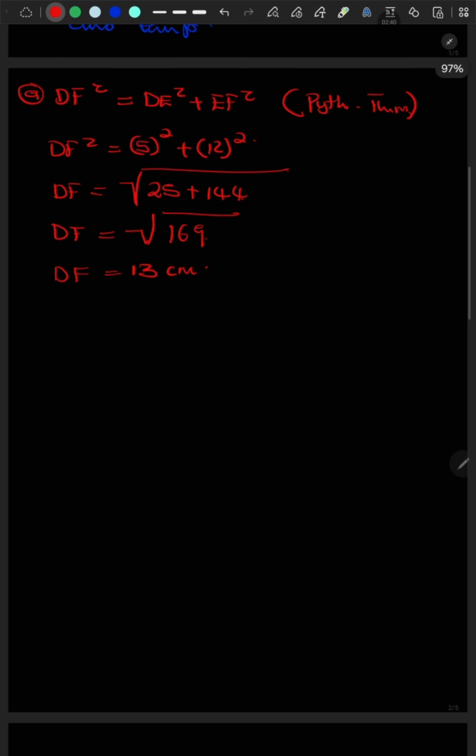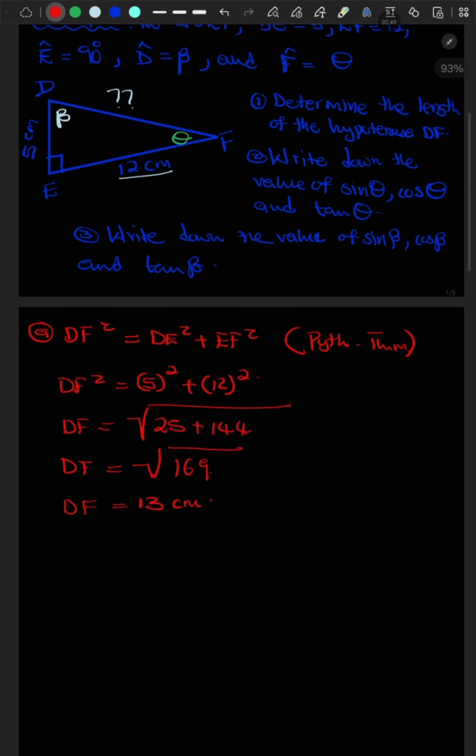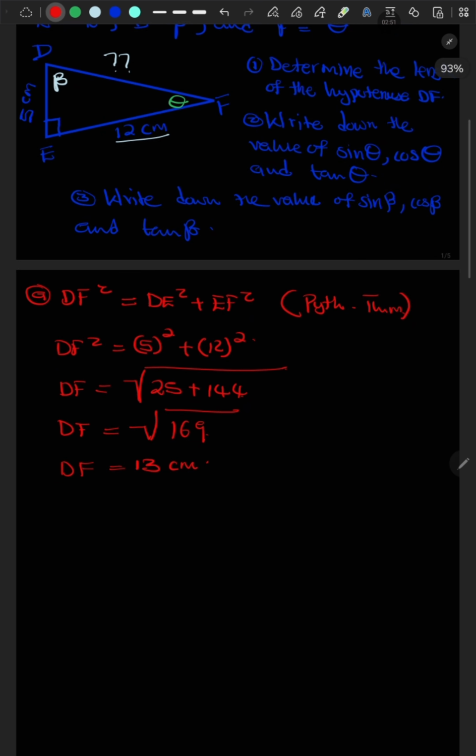This one question says, write down the value of sine theta, cos theta, and tangent theta. Okay, let us begin with sine theta. What is sine theta? Remember this, SOHCAHTOA. What is sine? Opposite over hypotenuse.